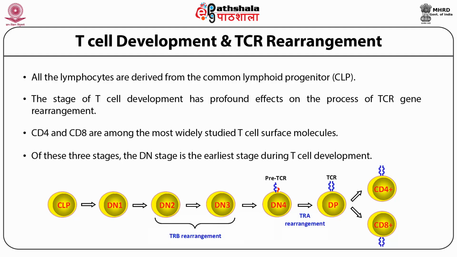Based on the presence or absence of two more cell surface molecules, CD25 and CD44, the DN stage can be further subdivided into DN1, DN2, DN3 and DN4 stages. DN1 is CD44 positive, DN2 is positive for both CD44 and CD25, DN3 is positive only for CD25, and DN4 is negative for both CD44 and CD25.